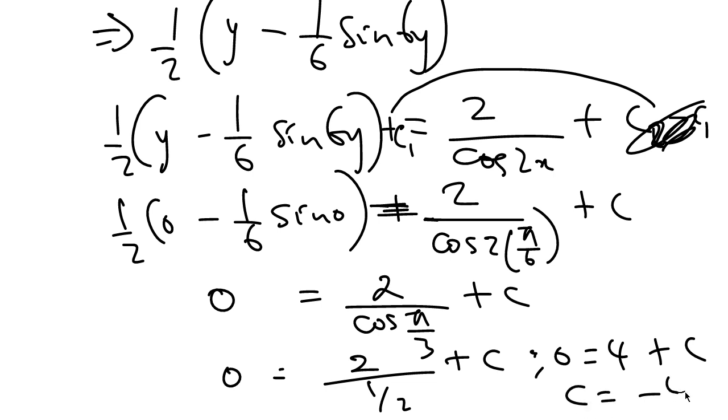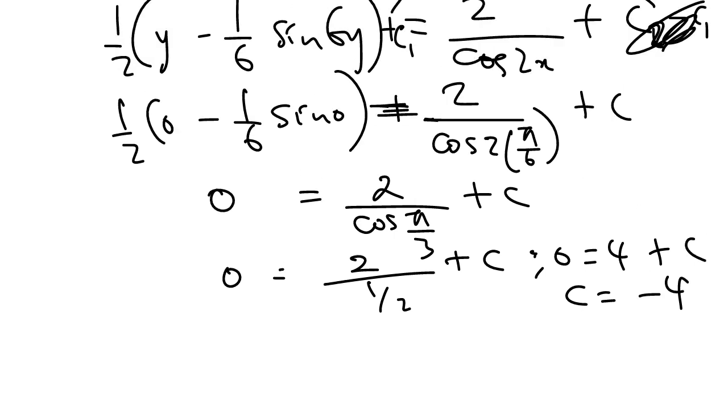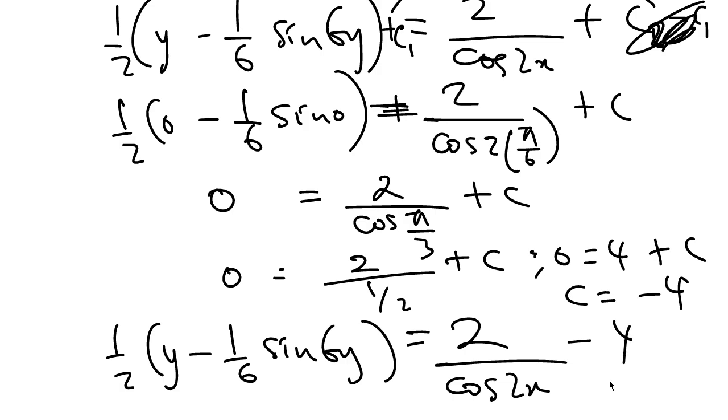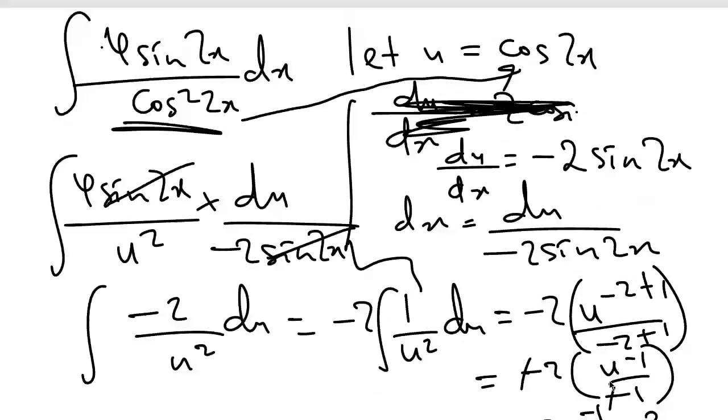That means that c is negative 4. So we could then write generally that half into y negative 1 over 6 sine 6y is equal to 2 over cos 2x negative 4. So this is the general solution.